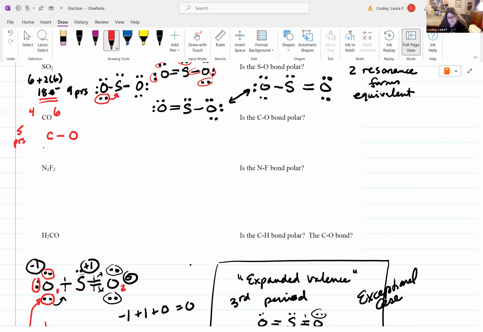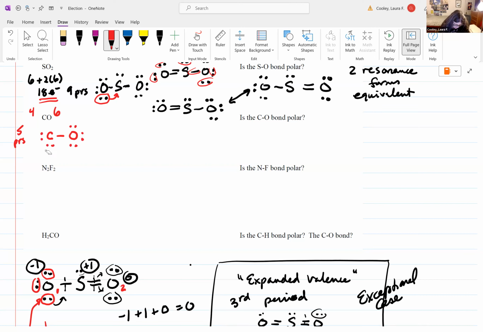Now what do I do? Come on, there's a few of you that could answer this. You put lone pairs on the outer ones, right? Yes. So 1, 2, 3, 4, 5, 6.